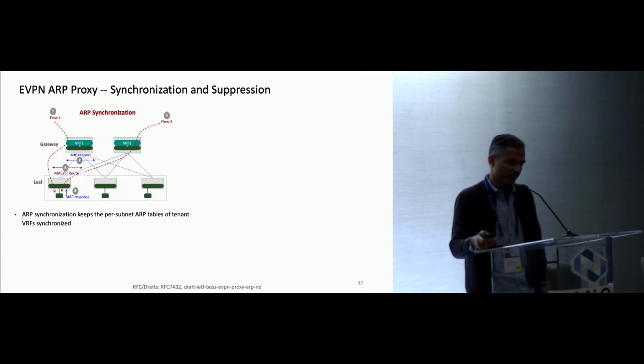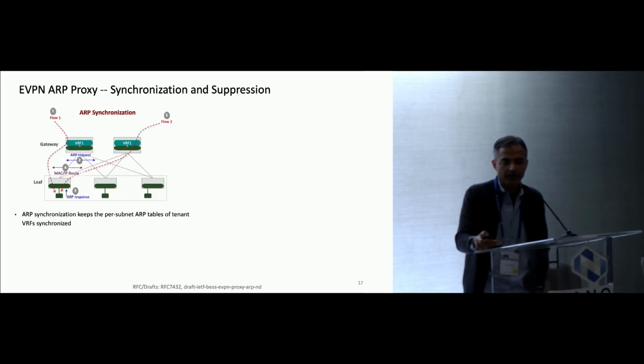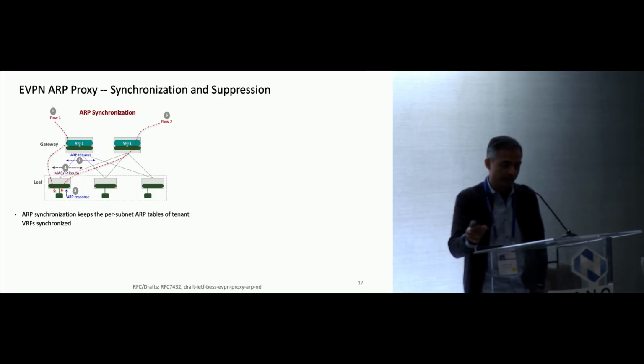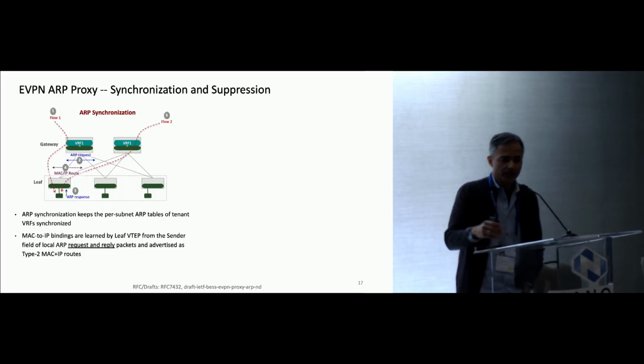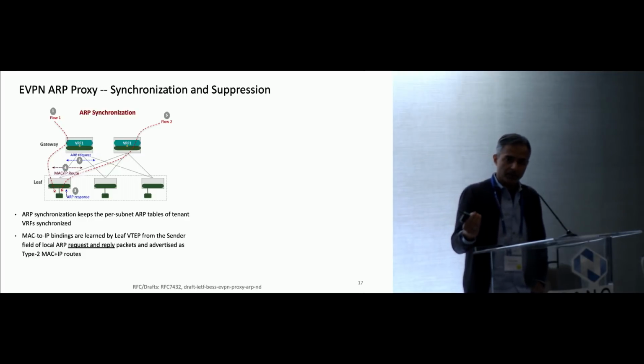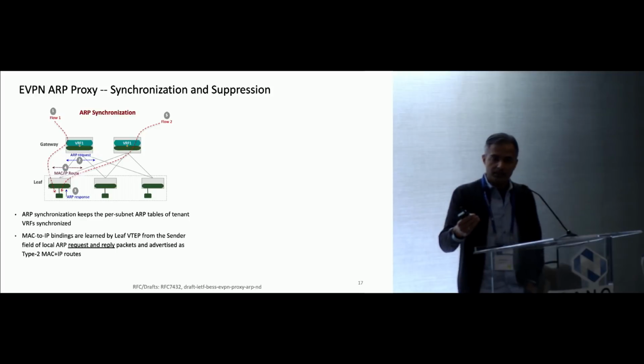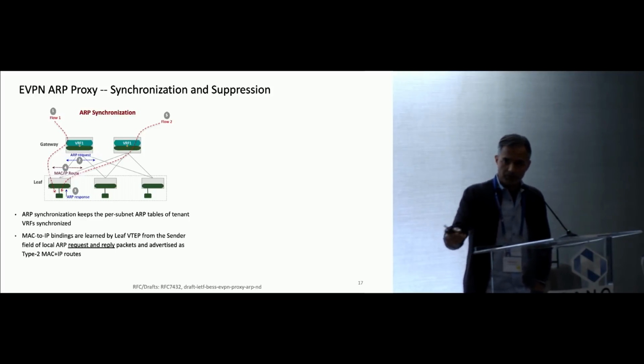These ARP tables are actually sort of pre-populated, and they're all populated at the same time. The way they're populated is that the leaf VTEPs at the bottom are snooping ARP, and they basically extract the IP MAC bindings from the sender field of ARP requests and ARP responses, and they send it in the control plane as MAC plus IP routes.